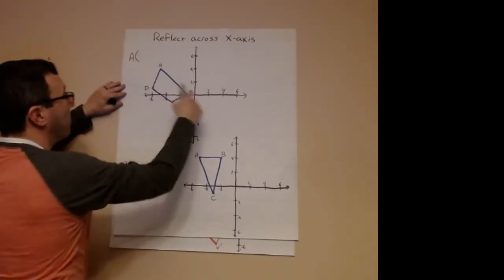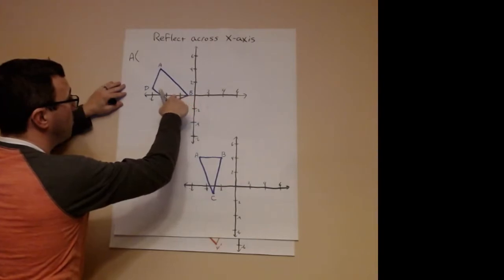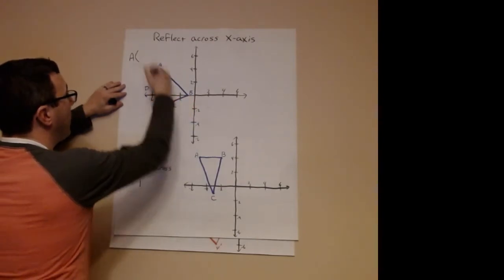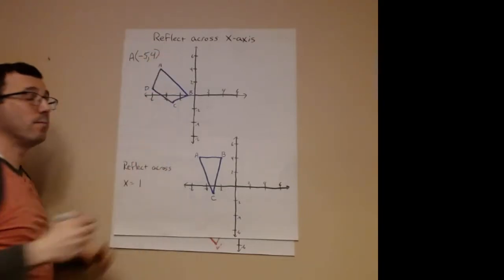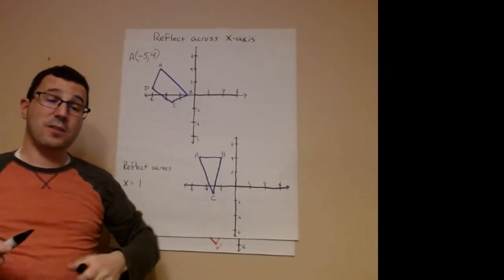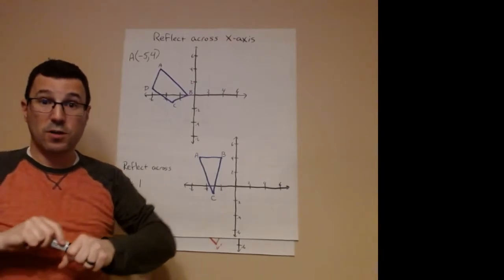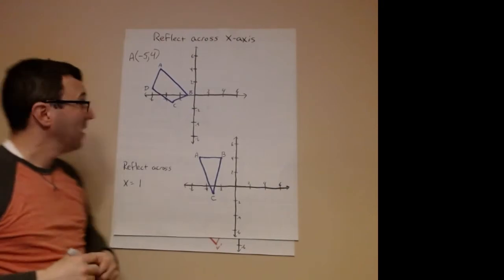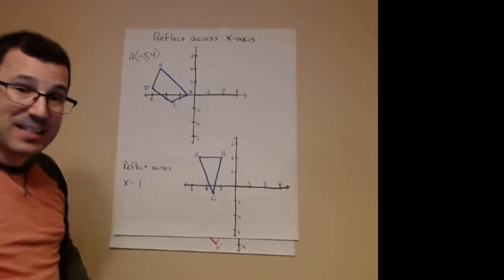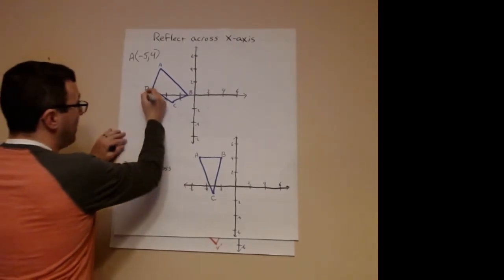Point A is at 1, 2, 3, 4, negative 5, 4. We're going to use that as our point that's going to show the rule for when we reflect across the x-axis. Now again, our x-axis is our line of reflection. So that's this right here.